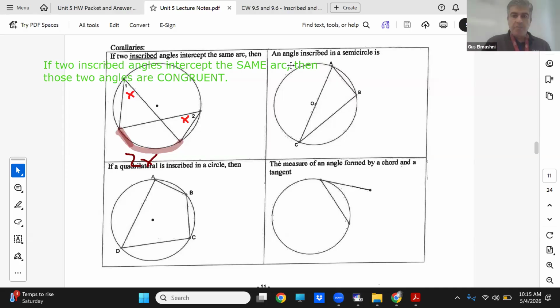Another one. What am I tracing? How much of the circle am I tracing? It's a semicircle, right?